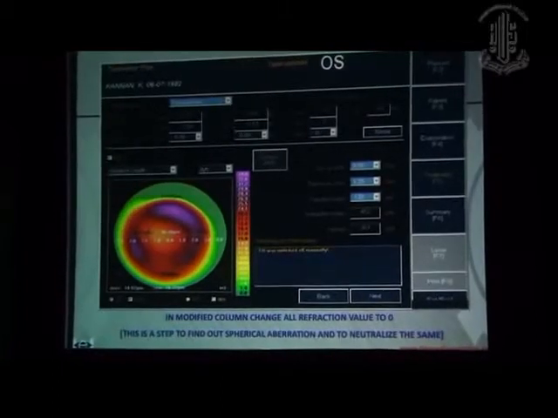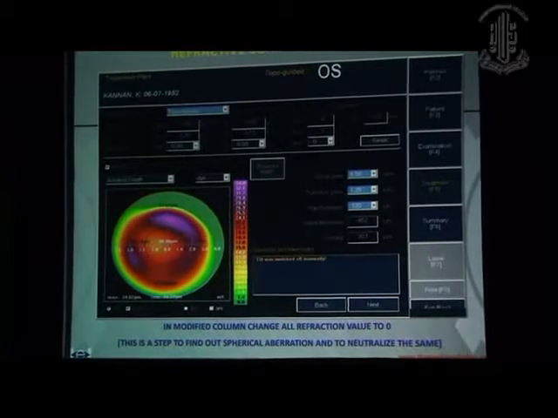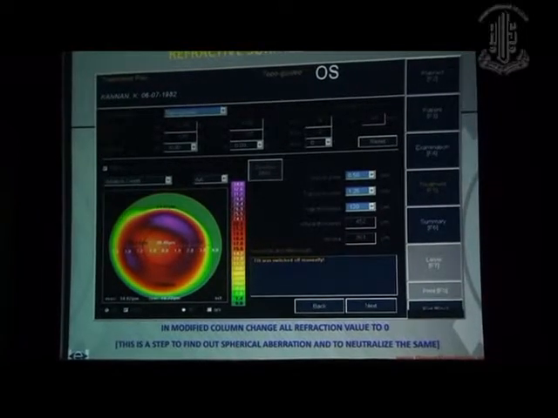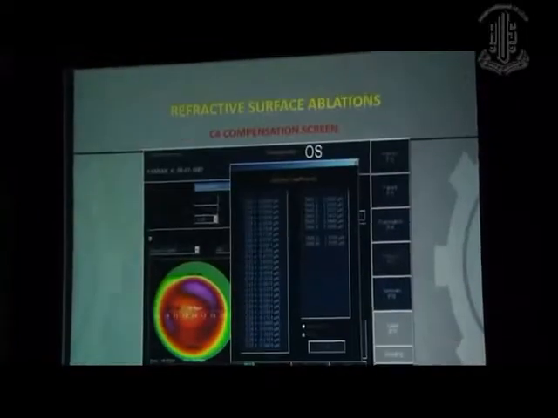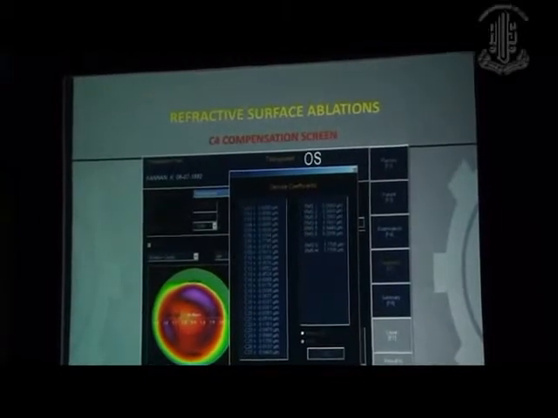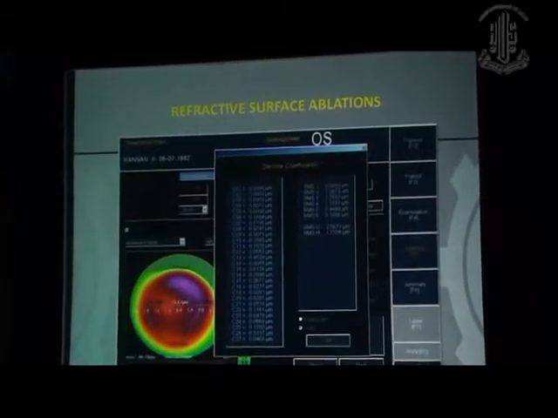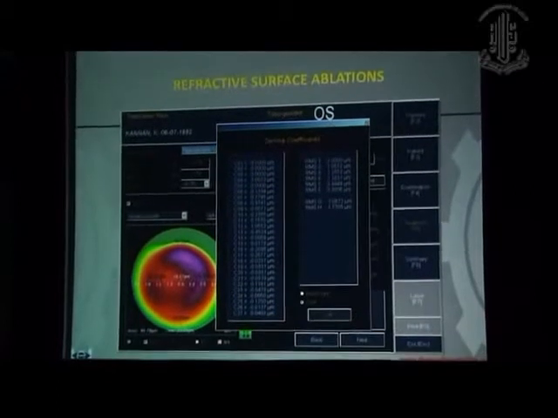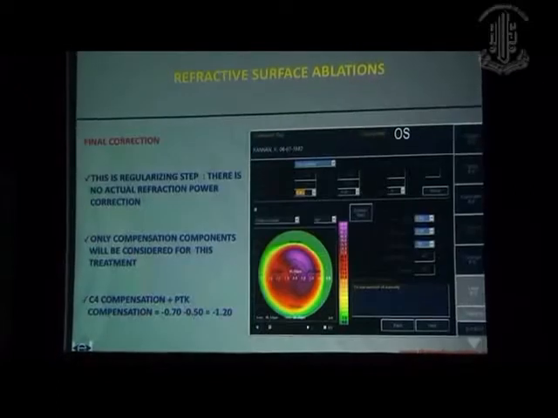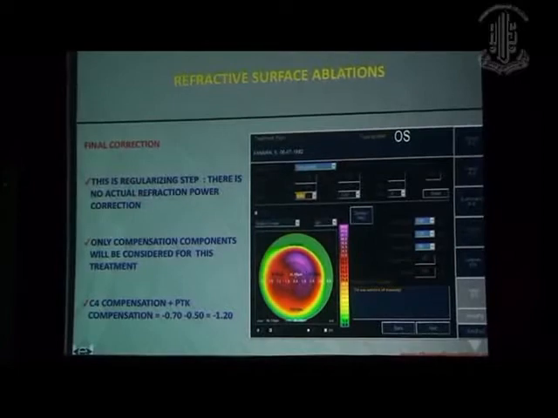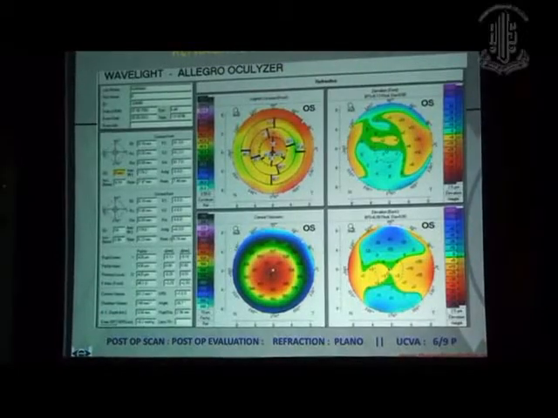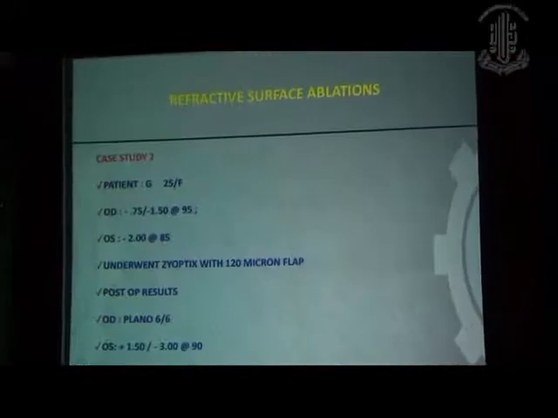As Dr. Rohit had alluded, first you bring down all the refractive values in the modified column to 0, and then the Zernike polynomials tell us how we go ahead and incorporate the correction to compensate for the asphericity change, then the correction for the surface ablation. And this is how the topography looked with the plano correction.